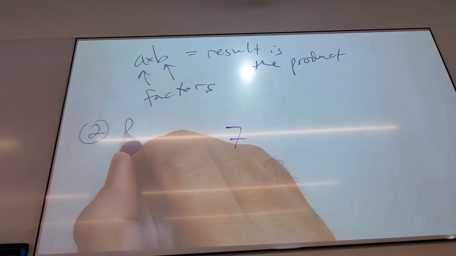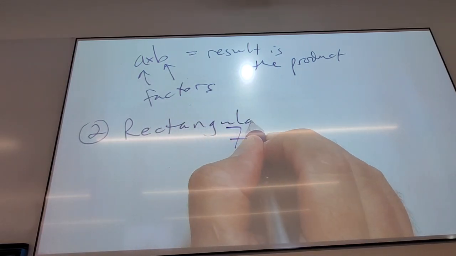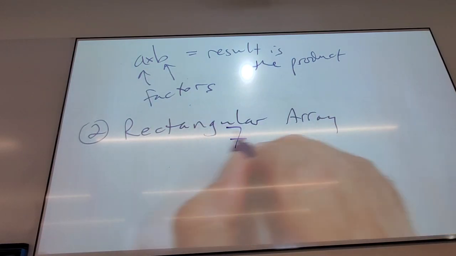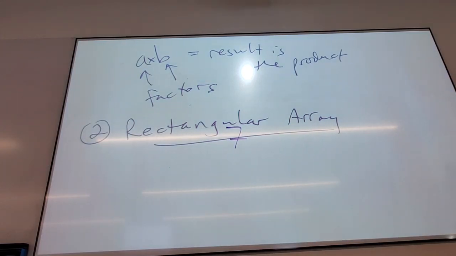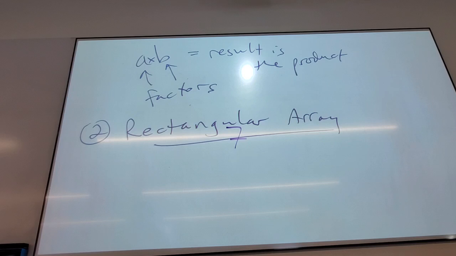The second way to look at it, besides repeated addition, is called the rectangular array. This one I call the ice cube tray, because what's the most basic geometrical idea that uses multiplication? It's kind of a wide open question, I know, I'm sorry.